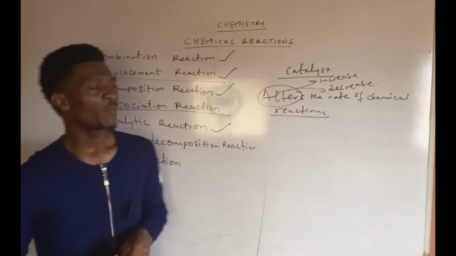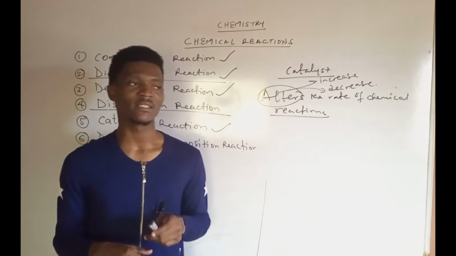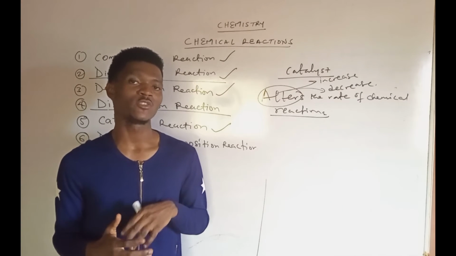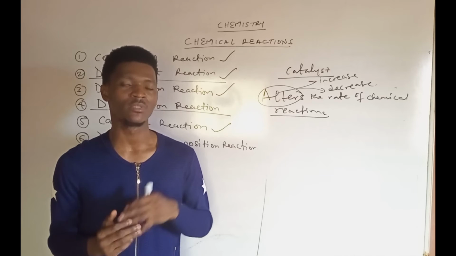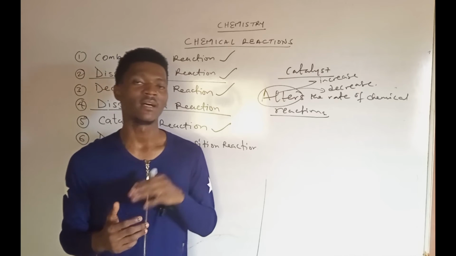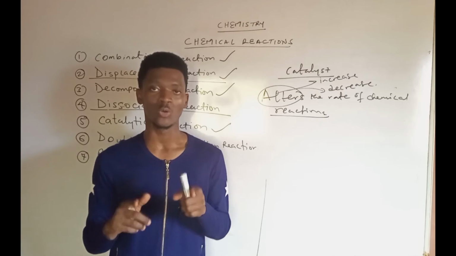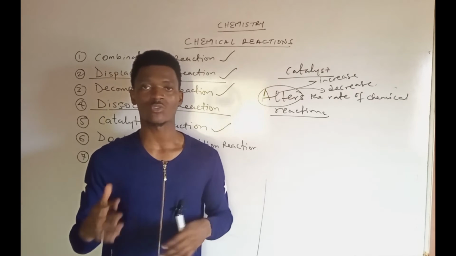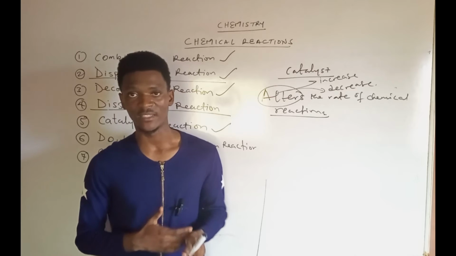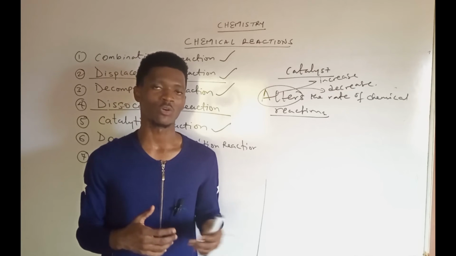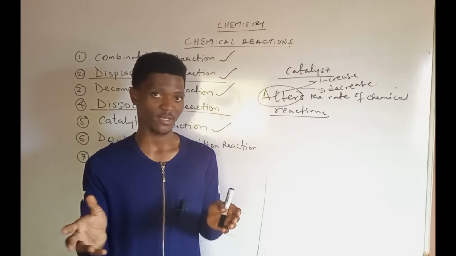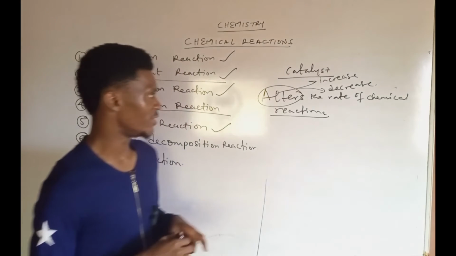Okay? But one thing you need to know about catalysts is that they are agents that tend to alter the rate of chemical reactions, and usually at the end of the reaction they remain chemically and quantitatively unchanged. Though their physical structures can be affected, in terms of their chemical nature and their composition, they remain unchanged. In terms of their mass also, they remain unchanged.